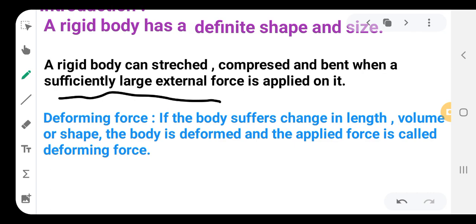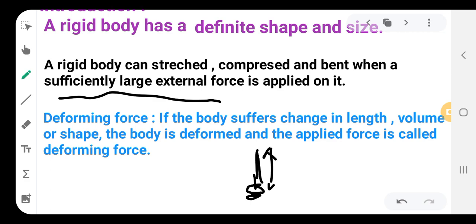Now let us see what a deforming force is. If the body suffers a change in length, volume or shape, we say that the body is deformed, and the applied force is called the deforming force. For example, if you take a wire and apply a load to it, and go on increasing the load downwards, there is an increase in the length.